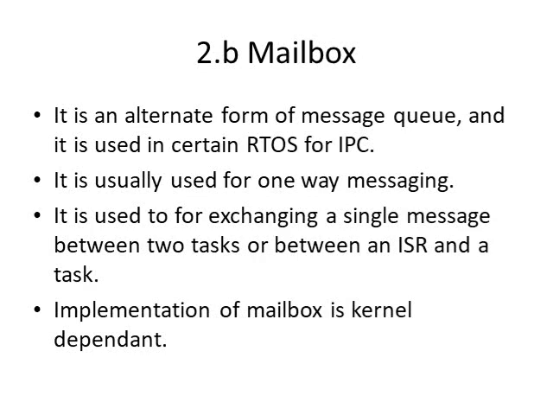Here we can exchange a single message, but the exchange can occur between one single process and multiple processes. If one process wants to send a message, it will post the message into the mailbox, and through the mailbox it can go to multiple tasks or processes.